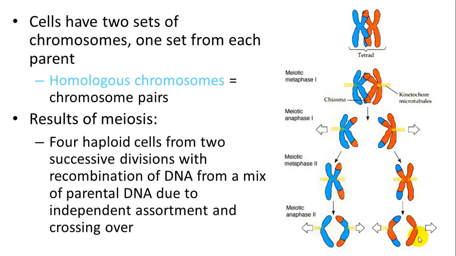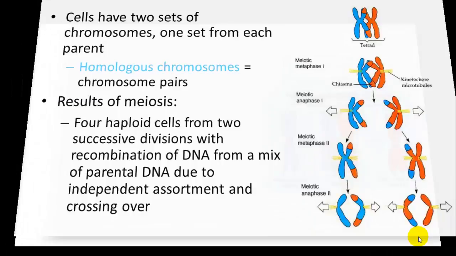You may have chromosome 1, 2, 5, and 7 from the mother, and 3, 4, 5, and 6 from the father. Okay, and this allows for each gamete to be genetically unique.